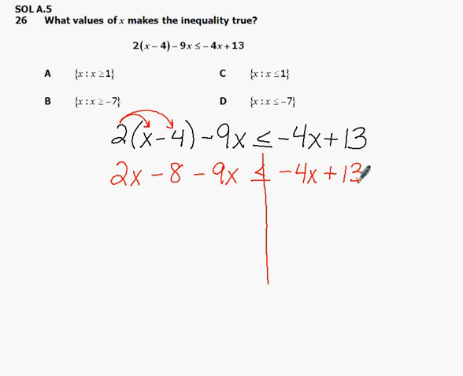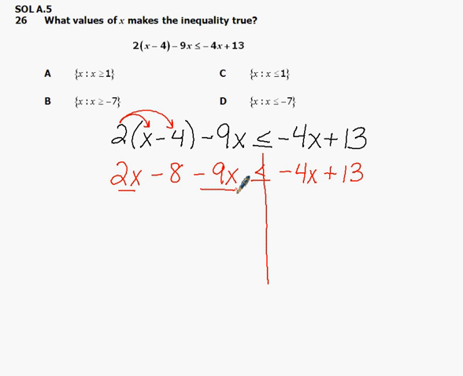The next thing that I have to do to simplify is look at each side and decide if we need to combine like terms. Now on the left-hand side we have a 2x, we have a negative 8, and we have a negative 9x. The 2x and the negative 9x get to be combined because they both have x's. When we combine like terms, all we do is add the coefficients.